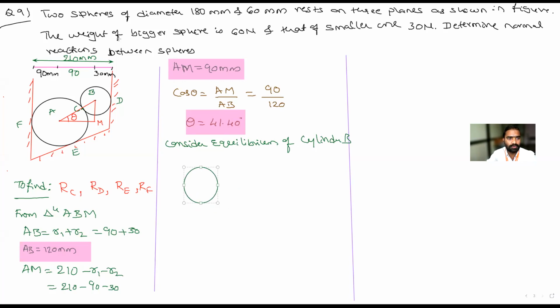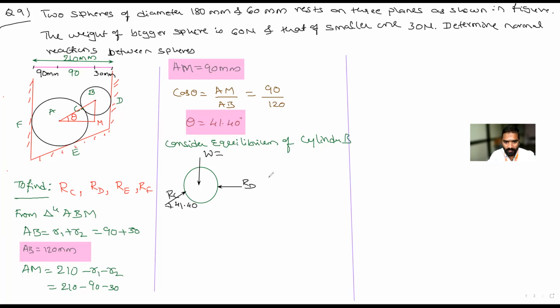Next draw the equilibrium of cylinder B. What are the forces acting on this cylinder? There is a reaction RC in between, and a reaction RD in the horizontal direction. There is a weight acting in the downward direction. This RC is making an angle with respect to the horizontal, equal to theta, 41.40.